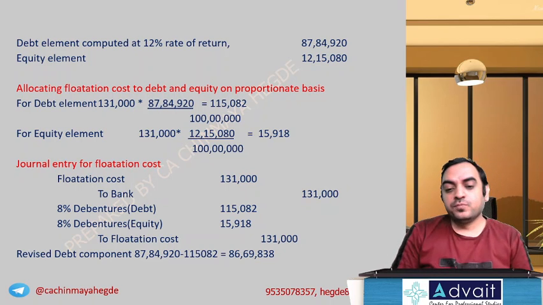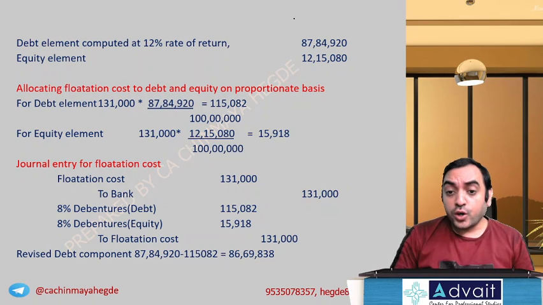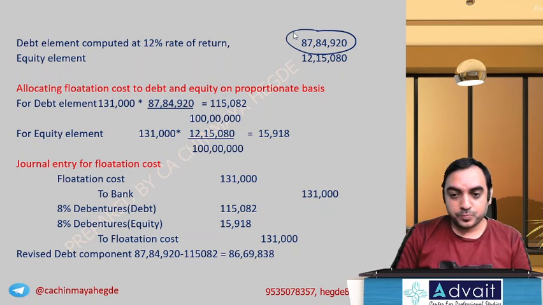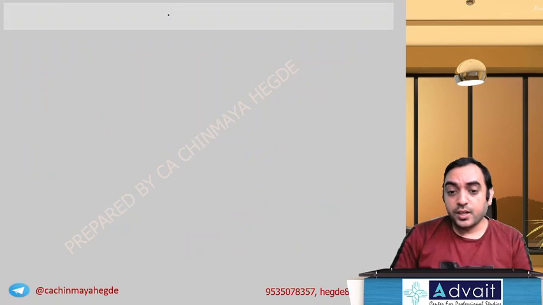And now there is going to be a problem. What is that problem? How did we recognize 87,84,920? Let me take you back to what we discussed so far. How did we calculate the debt value?